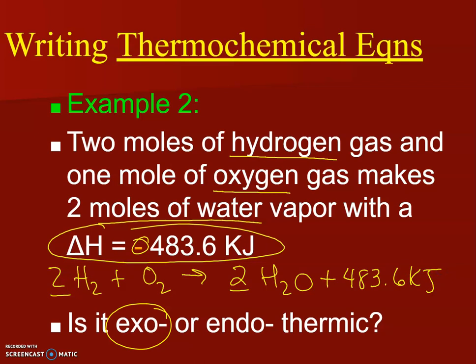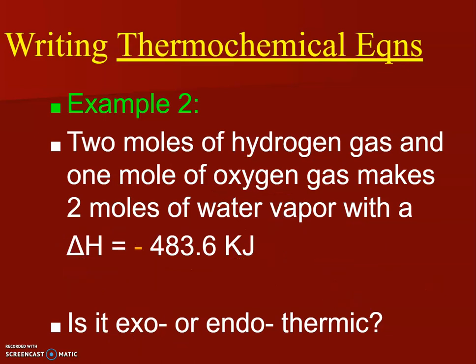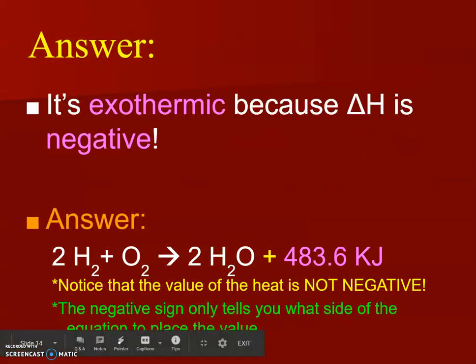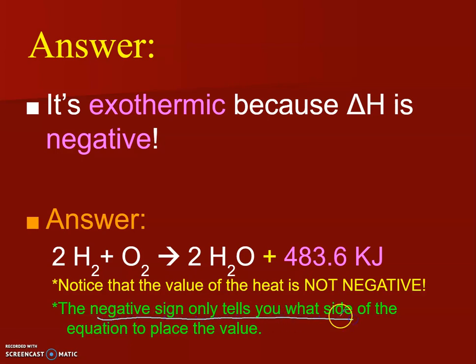Notice, big thing to notice. This and this are 2 different signs. Exothermic just means that you put it on the right side. You don't make negative energy. That negative sign is just going to tell you where to put your delta H value. That's all that it does. The negative sign only tells you what side of the equation to put the value in.